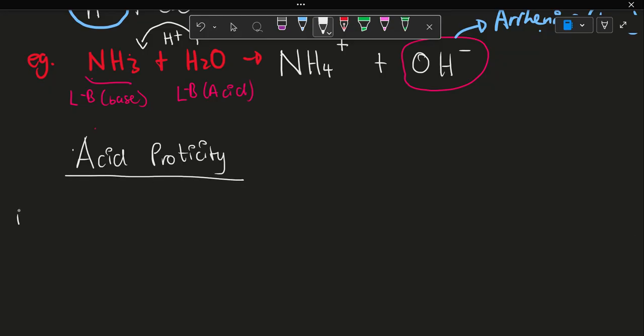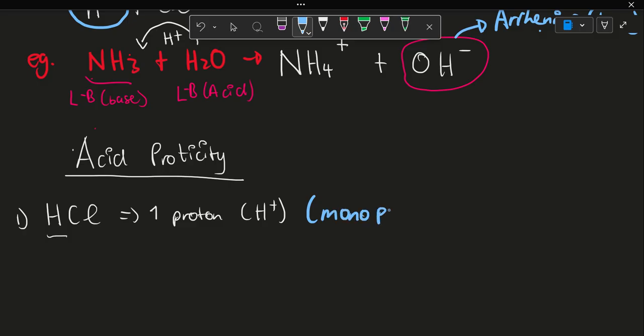With a typical example of HCl, you notice something. HCl only has one hydrogen atom, meaning it can only donate one proton. We call something that can only donate a single proton a monoprotic acid.